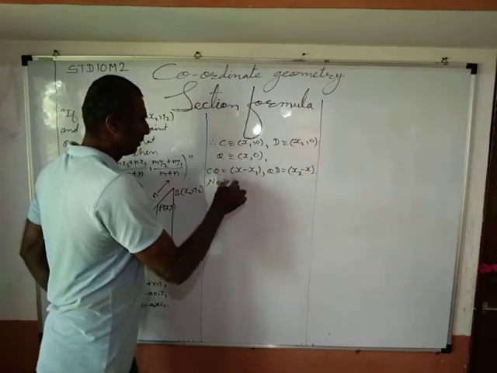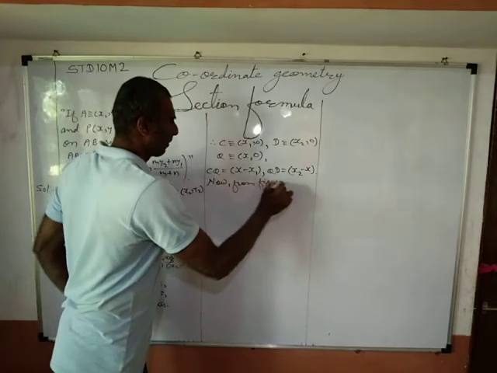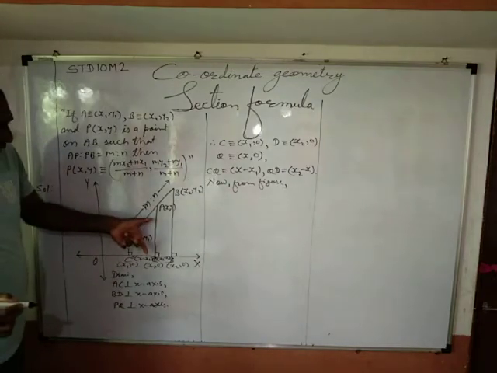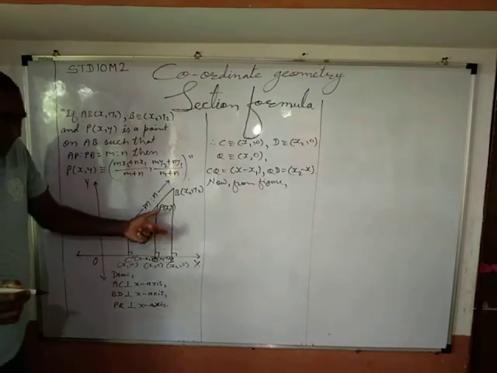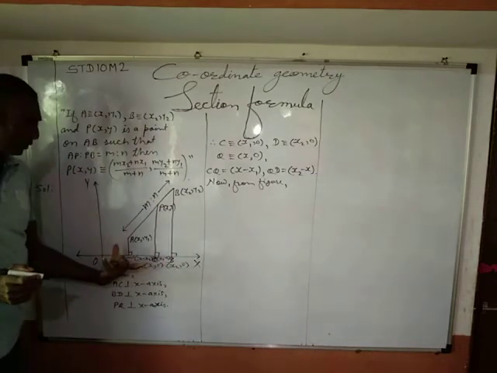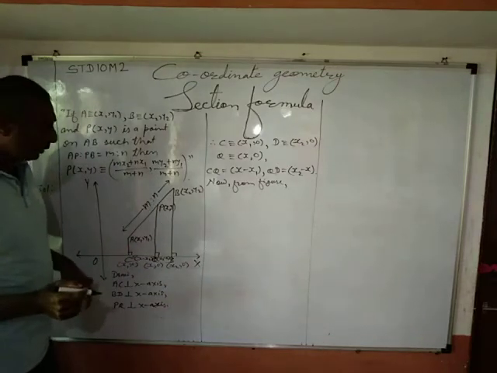Now, from figure AC perpendicular to x-axis, PQ perpendicular to x-axis, BD perpendicular to x-axis, means these are the segments perpendicular to the same line, and we know that lines perpendicular to the same line are parallel to each other.